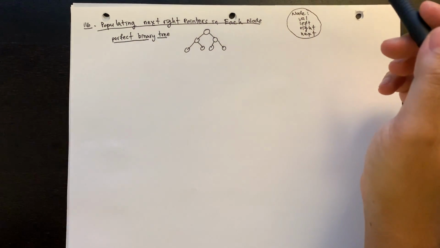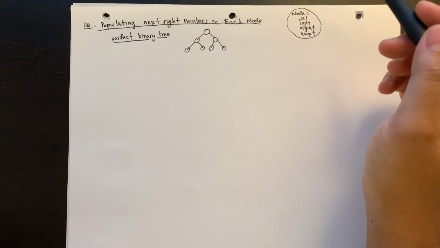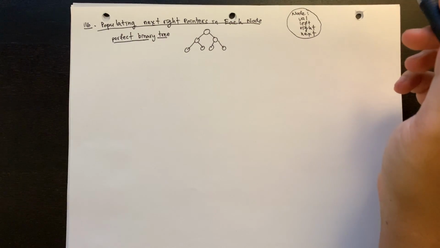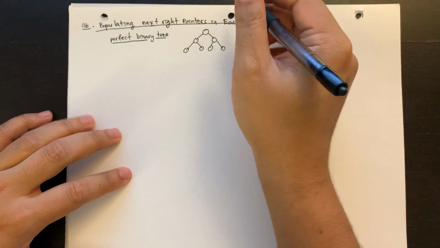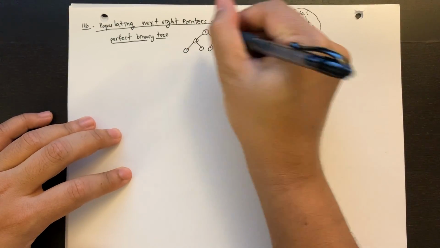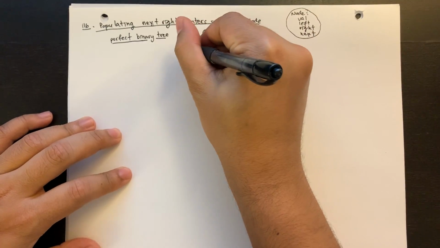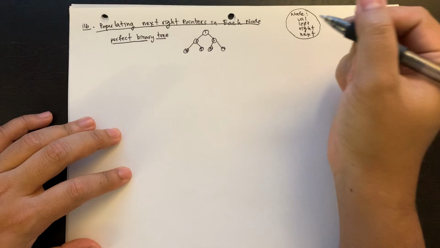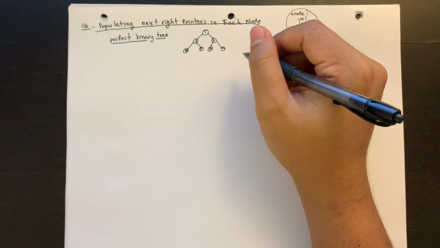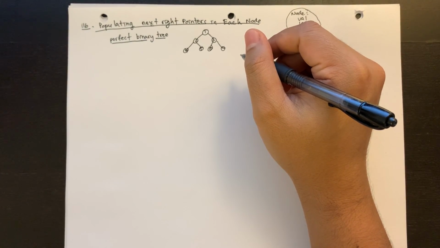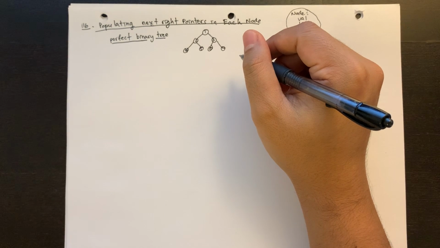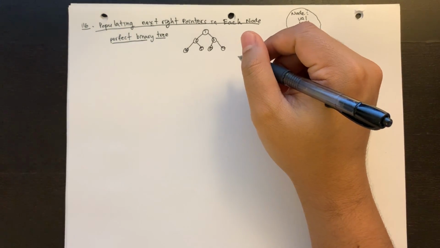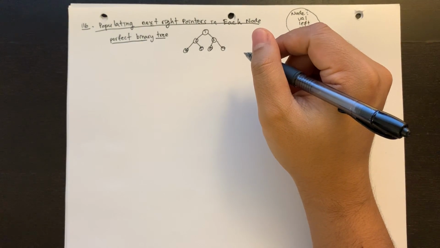What else? You are given a perfect binary tree, left, right, next. Alright, and this is the example. So they have 1, 2, 3, 4, 5, 6, 7, where all leaves are on the same level. Oh, and every parent has 2 children.